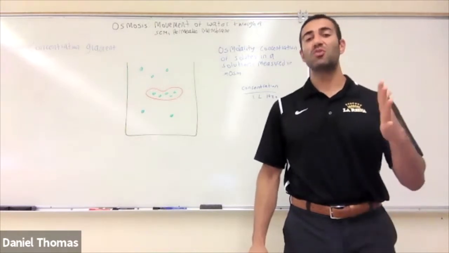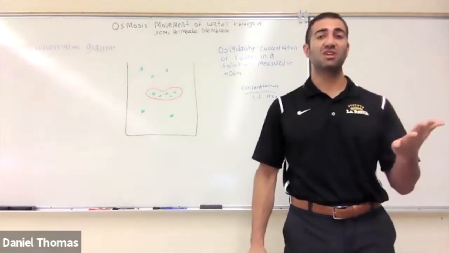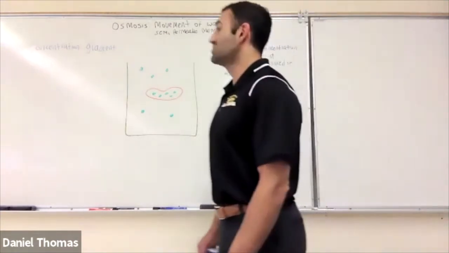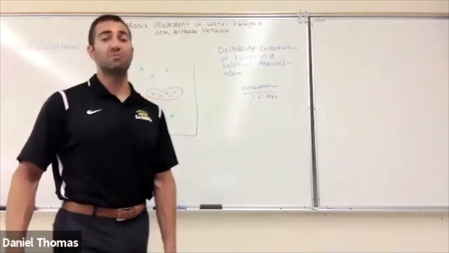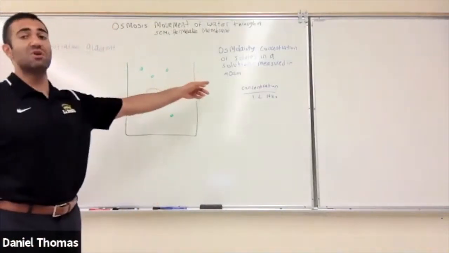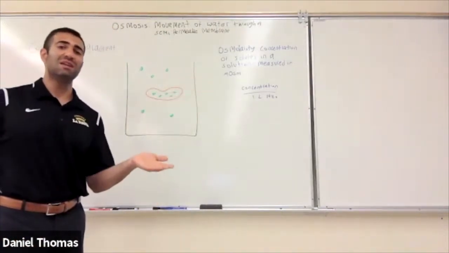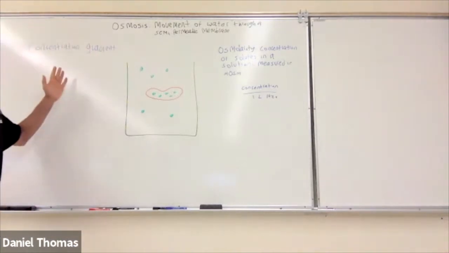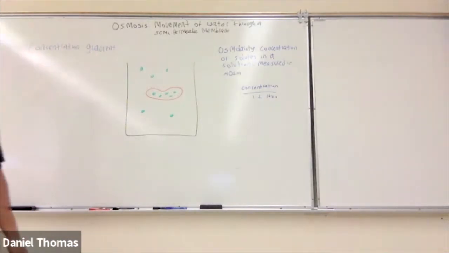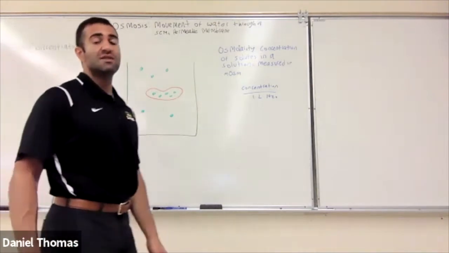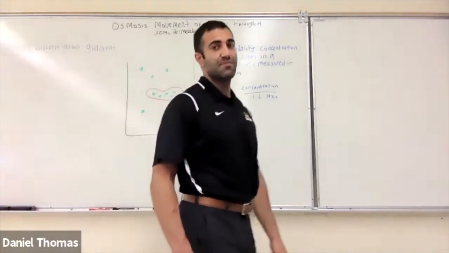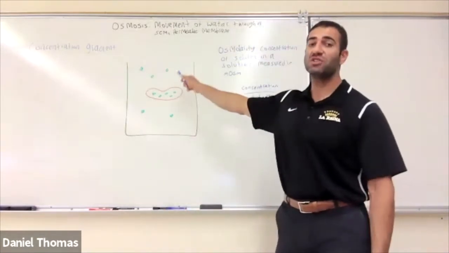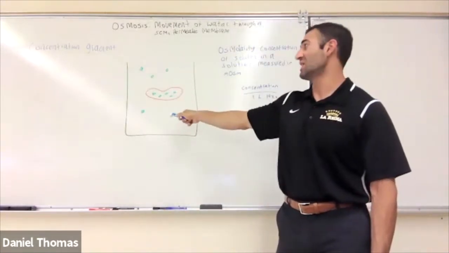That's not 100% true, but in terms of teaching, we're going to stick with that. The unit of measurement that we use is milliosmoles, but it could be anything really. Milliosmoles is just one kind of unit. The concentration gradient determines how much water needs to move to balance out both sides. Water will not move if the concentration between the two environments is the same.